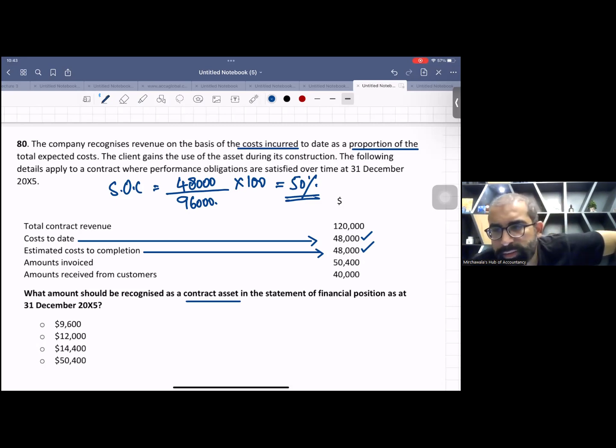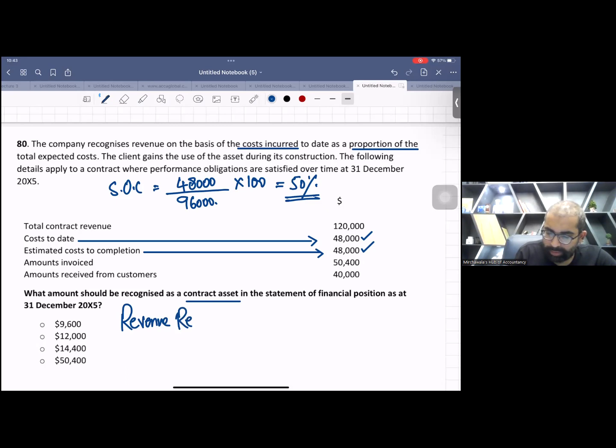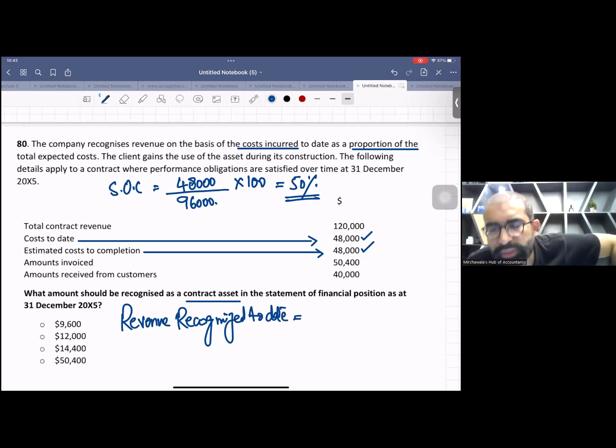And there is no rocket science for this contract asset. Simple words, let me write again. Revenue recognized to date. We recognize revenue according to stage of completion. So how do we do it?